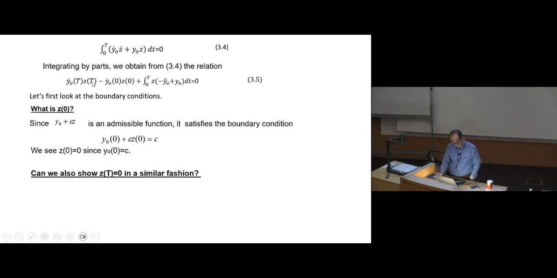Now, how about the value of z at t? Can we use the same way to show that z of t is also 0?